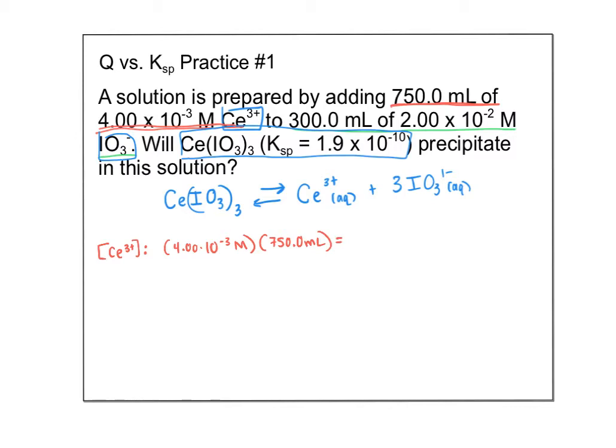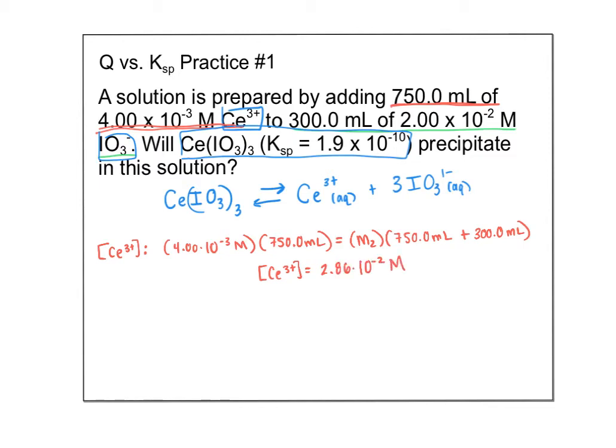It is not going to remain that concentration because I'm adding to it a separate solution, so we're looking for M2. My new total volume is going to be 750 milliliters plus the 300 milliliters from the other solution. I do some math and get an M2 value of this Ce3+ ion as 2.86 times 10 to the negative second molar.